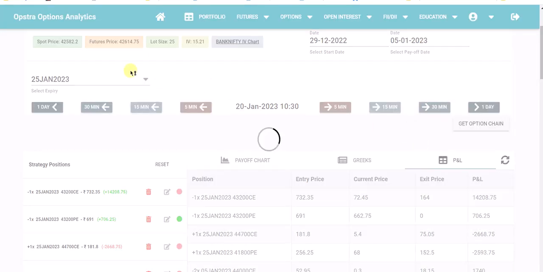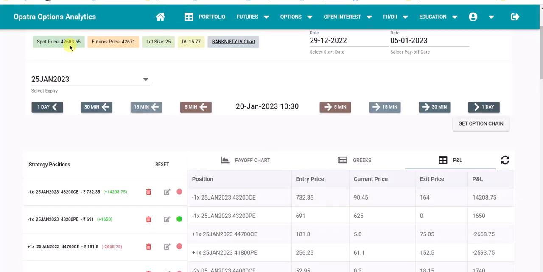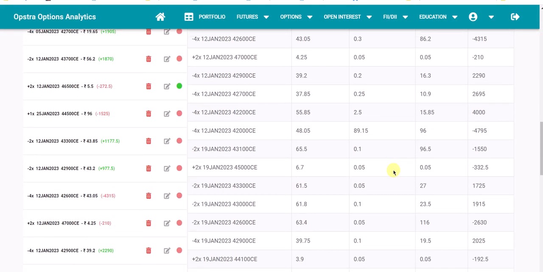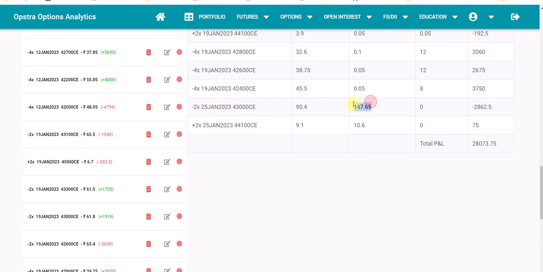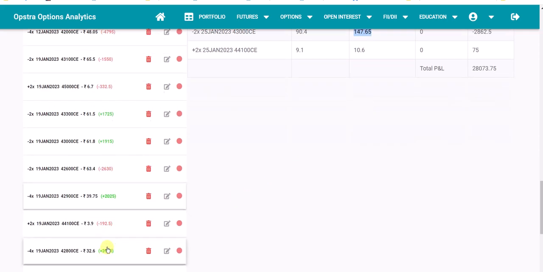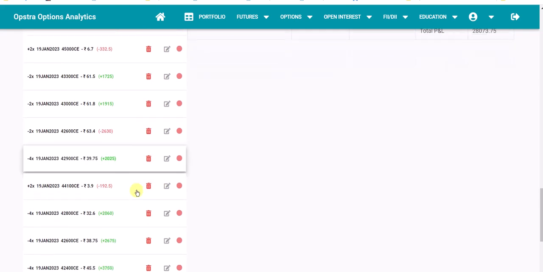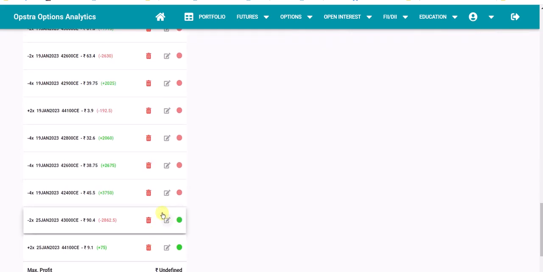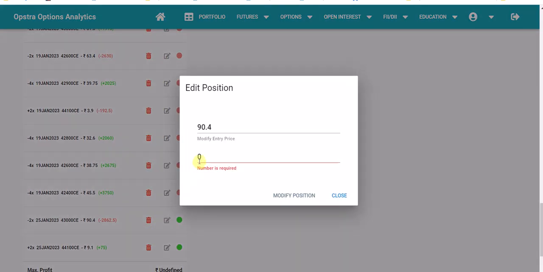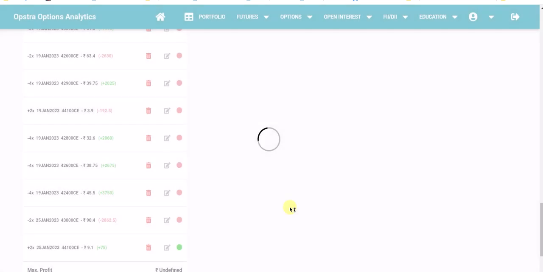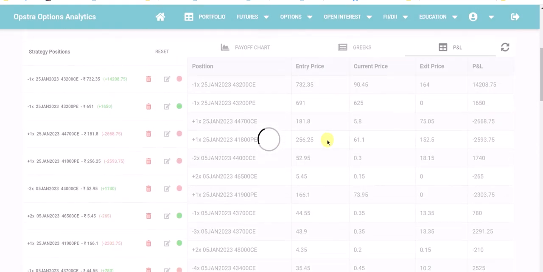Not much movement. There is a reversal. Let's see. Yeah, we will exit that 90 and come again somewhere around 80. 147.